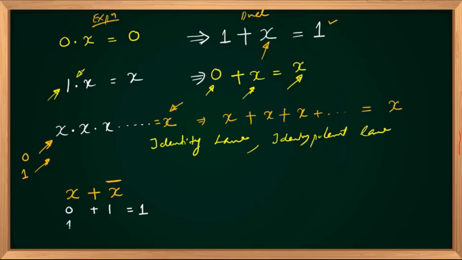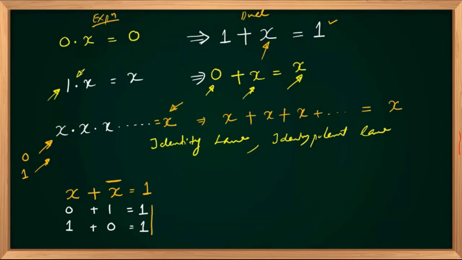If x equals 1, its complement will be 0, and 1 OR 0 is again 1. So irrespective of the value of x, whether 0 or 1, this expression will always be equal to 1. So x plus x complement is always equal to 1.